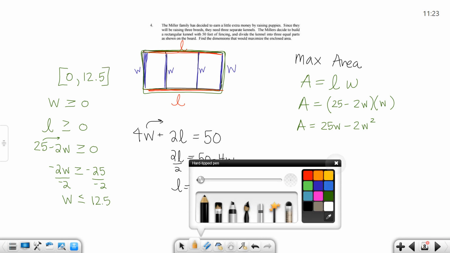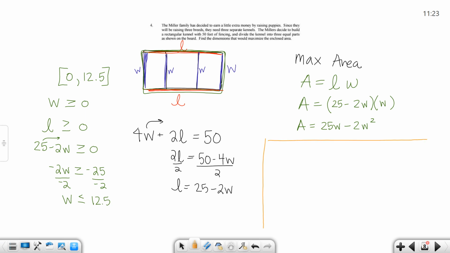Okay, let's go back to our optimization formula over here. My critical number was W equals 6.25. My endpoints of my domain are when W equals 0, and also when W equals 12.5. So I'm going to plug these 3 values into the area function to see which one gives me the maximum area. So area would be 25 times 6.25 minus 2 times 6.25 squared.